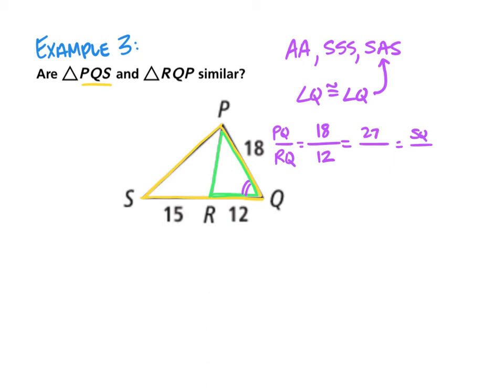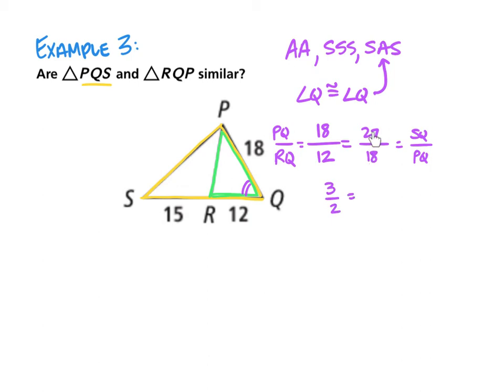And now the longer of the two sides on the green triangle is PQ, which has a length of 18. So these are the two ratios that I'm going to check to see if they're equal to decide if SAS works here. So 18 over 12, I'm going to notice that I can divide both of those by 6, and that gives me 3 over 2.